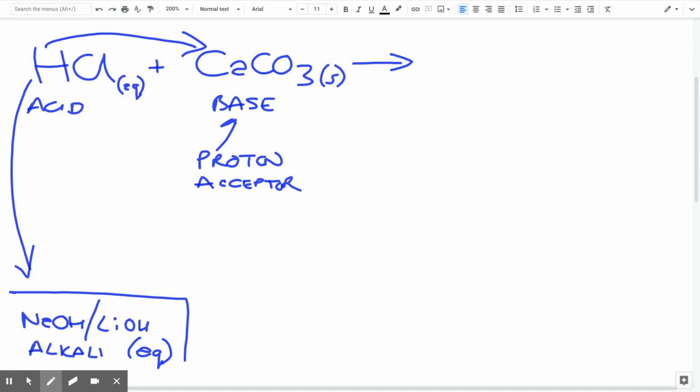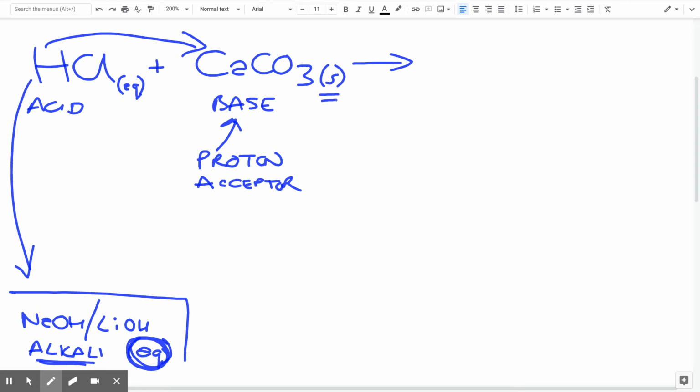Therefore, they're basic in that chemical situation whereby they will accept a proton, they will accept a hydrogen ion. But because they dissolve in water to form a solution, we call them an alkali. If the substance that is reacting with the acid accepts a proton but has done so by not dissolving in water, then we would call that a base.